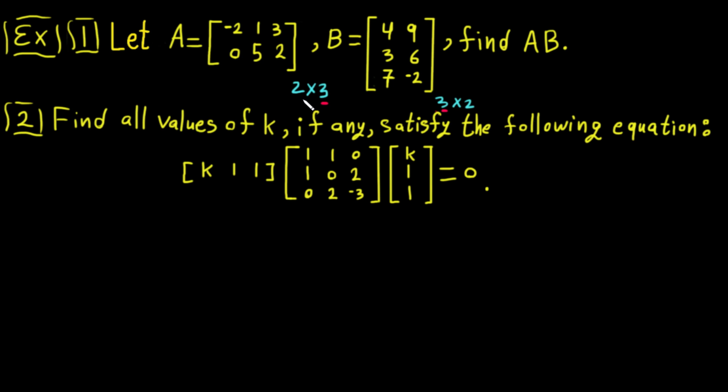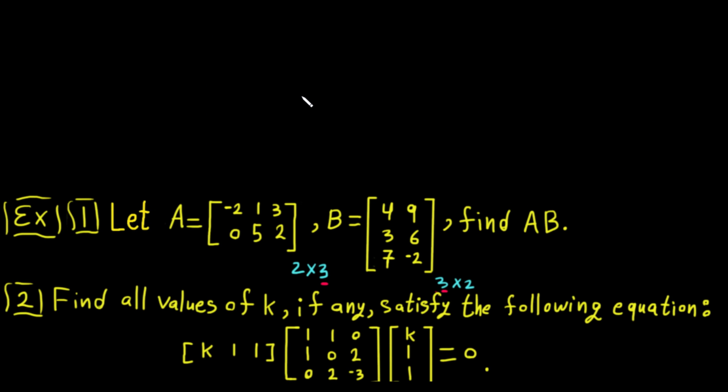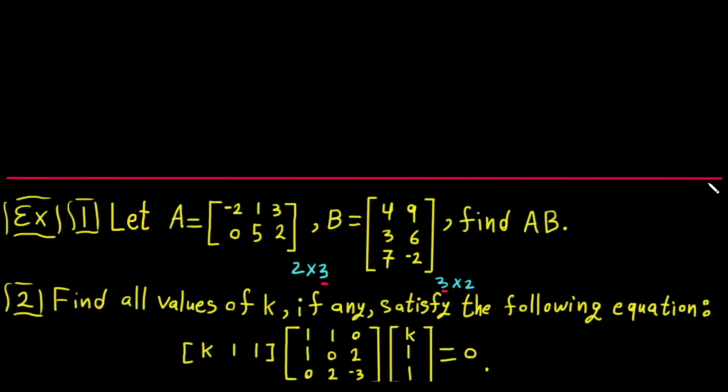So let's put more examples about the size of matrices. Let's go up and put notes. Note: if we have two matrices, A and B, and we have A multiplied by B, with the size of A 4 by 3 and the size of B 3 by 4.